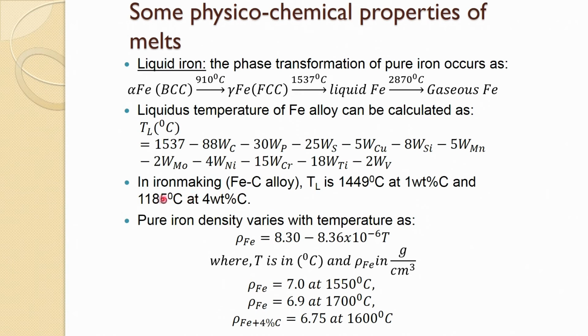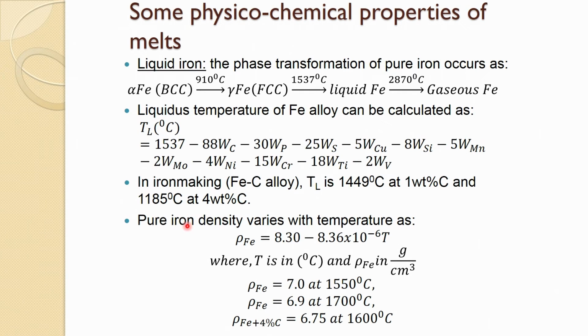It reduces the liquidus temperature of iron to almost 1185 degrees Celsius at 4 weight percent of carbon. So, this is the effect of alloying elements on the melting point of liquid iron, and one can calculate the liquidus temperature using this equation.